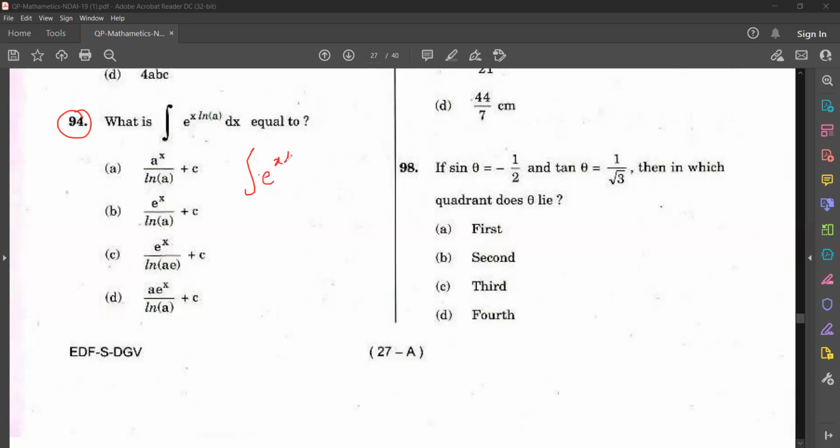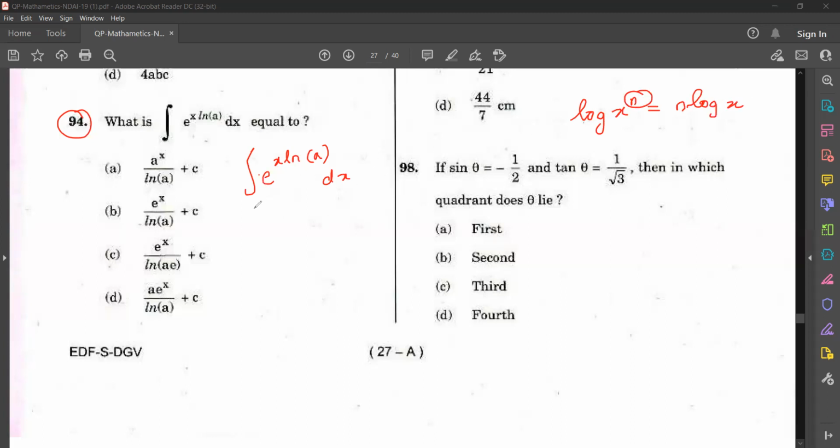Integral e raised to x ln a. That is the question. Now see what is log x raised to n? We can write it as n log x. That means power will come in the front.